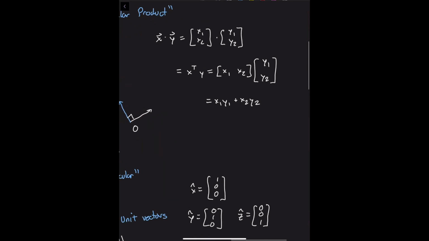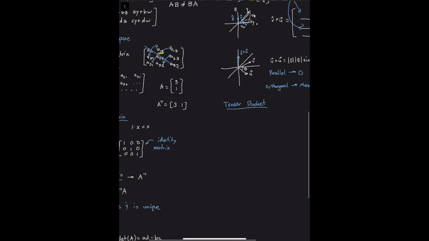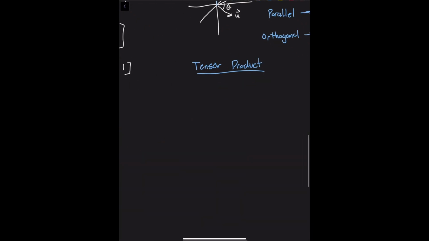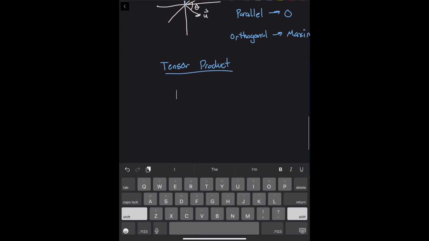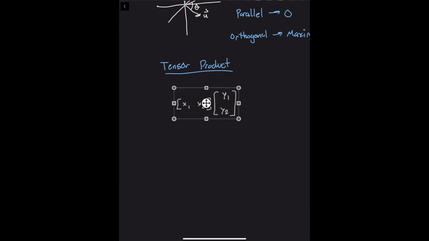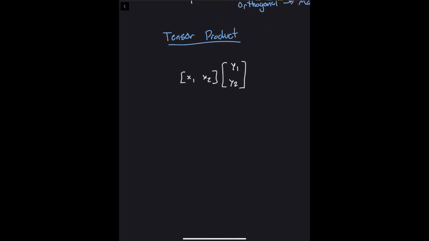If we take this format here, I'm going to copy this, and we say, well, what happens if we just switch it? Now switch it so that x is the vertical matrix and y is the horizontal matrix.